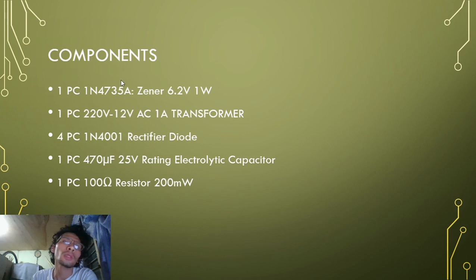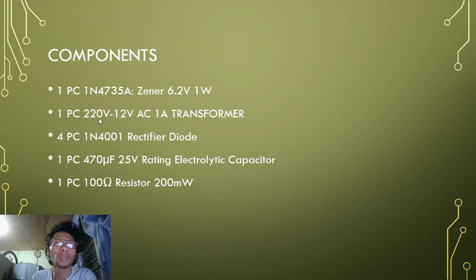The following will be the components of the power supply: one piece of 1N4735A Zener diode with a breakdown voltage of 6.2 volts and a power rating of 1 watt.